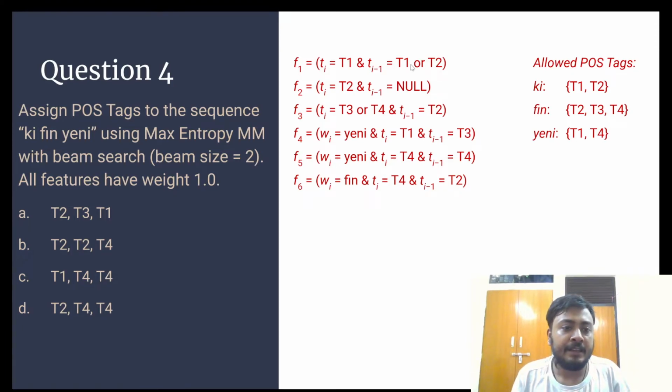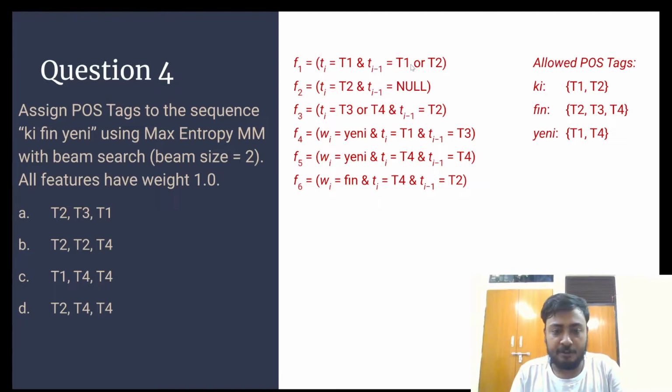Alright, so you have been asked to assign POS tags to the sequence key fin ene using a maximum entropy Markov model with beam search, where the beam size will be 2 and all the features have weight 1. So you have to find what will be the tags of the sequence key fin ene based on these features.